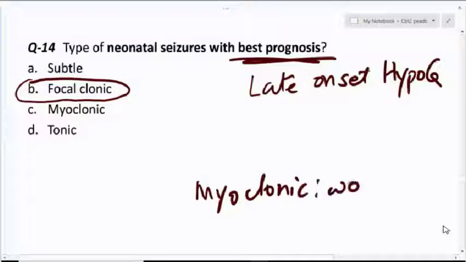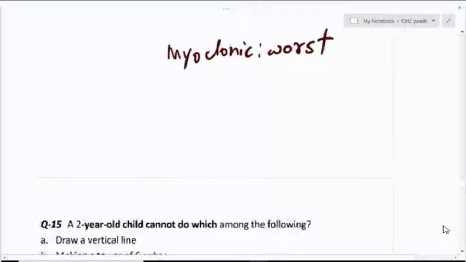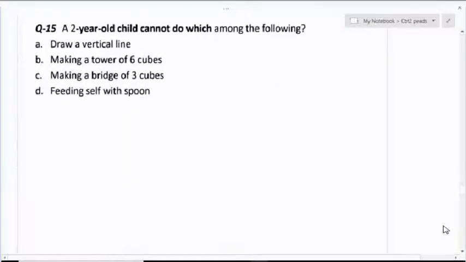GTCS is not seen in newborns. Remember, I know some of you must be asking about GTCS. GTCS is rare in newborns.